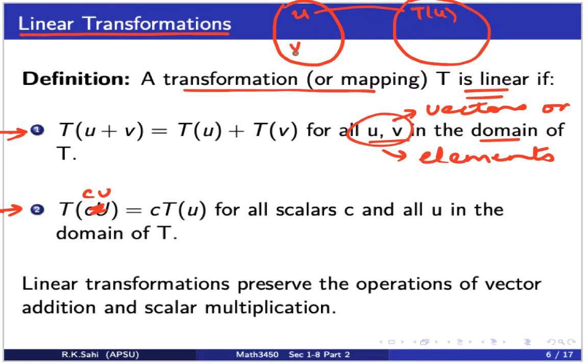When T acts on V, it takes us to the element T of V. Now, what this condition is saying, when T acts on U plus V, okay? So my U and V will be another vector.